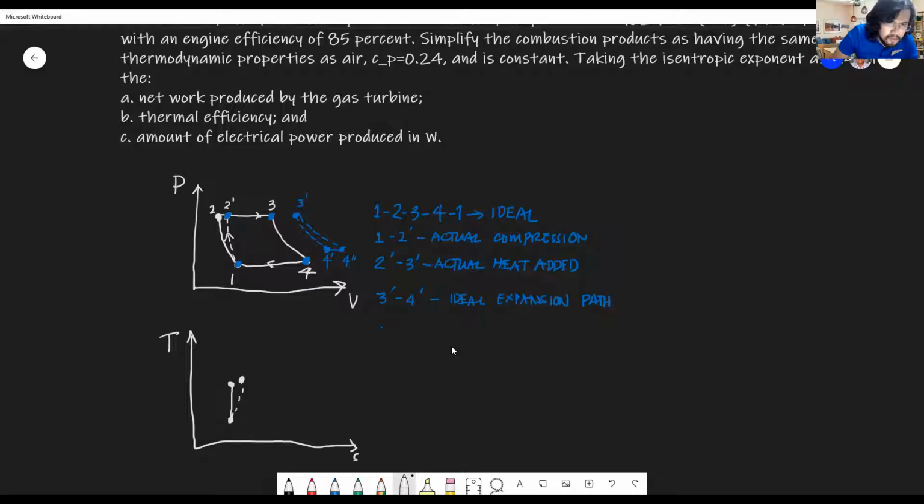Actual heat added, instead of having a 3, we have a 3 prime. So this is 1, 2 prime. Again, here we have S equals constant, and here we have S equals constant. Right here, we have P equals constant. And supposedly the ideal one goes down to 4 and goes down back to 1.